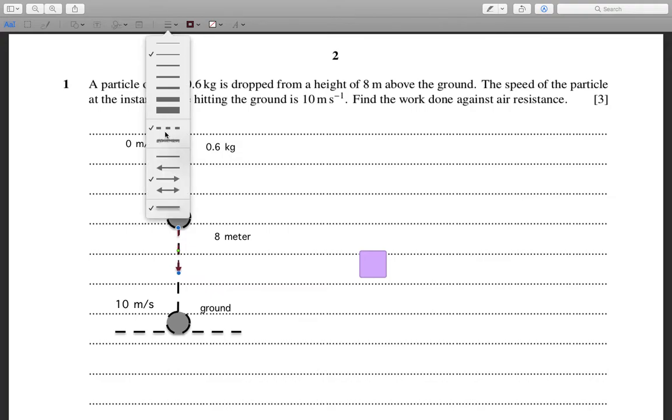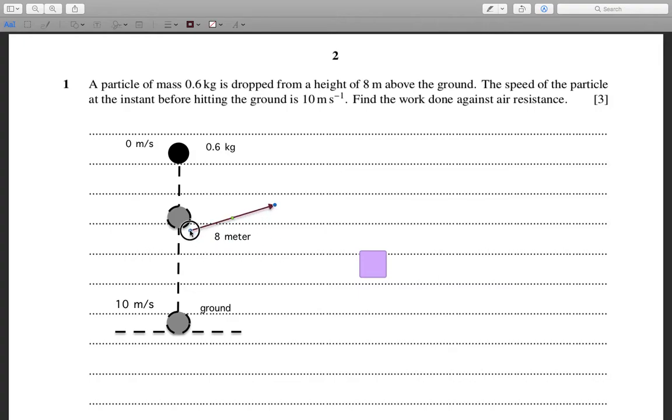We want to draw the forces. This is the weight, mg, and also we have the air resistance with direction going up.